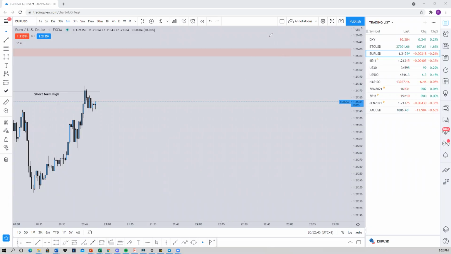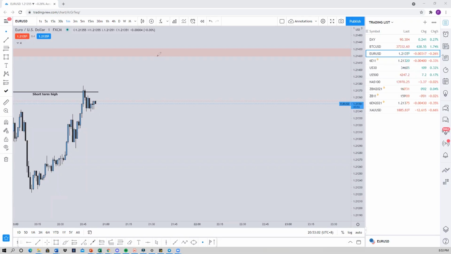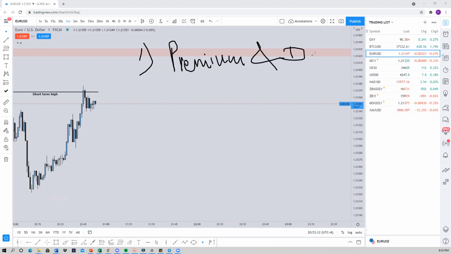Now what can we use to identify order flow and bias? That's the question. For that part we are going to reference Mr. ICT. Based on Mr. ICT, what I'm going to focus on is, number one, premium and discount.